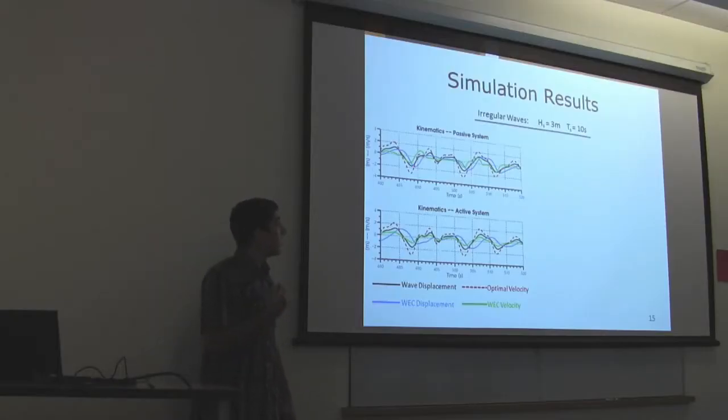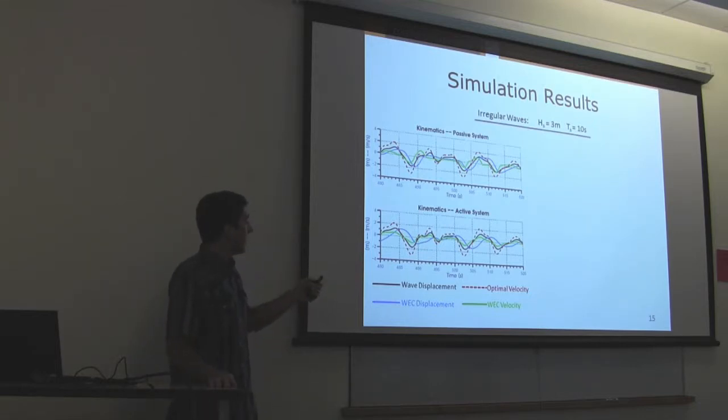So in irregular waves, this is an irregular wave spectrum with significant wave heights of 3 meters and significant periods of 10 seconds. This is a 60-second window that we see.